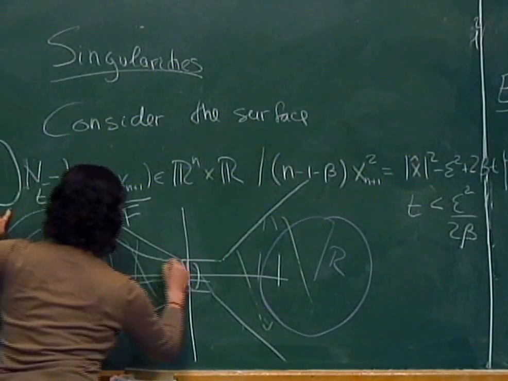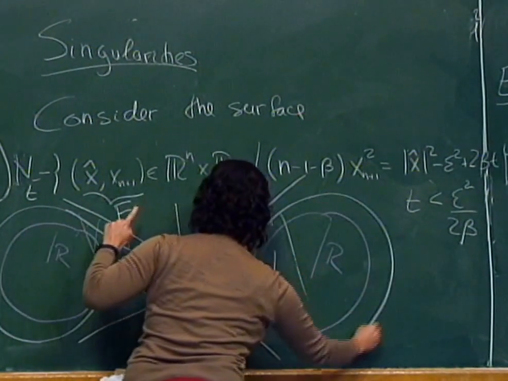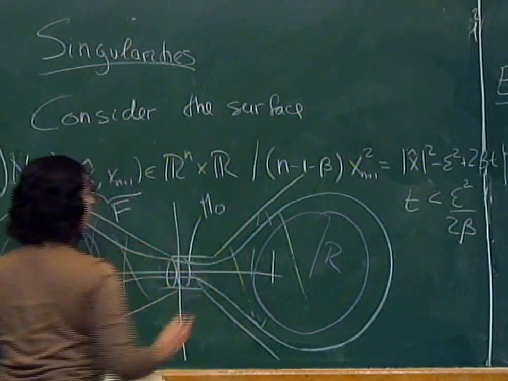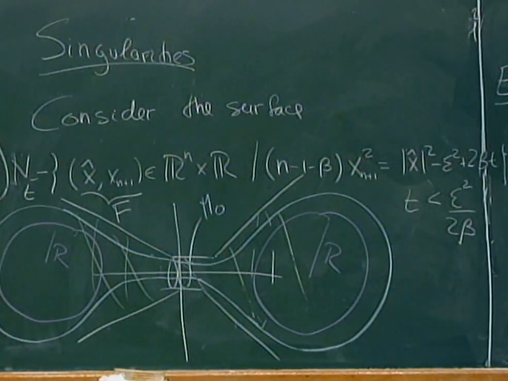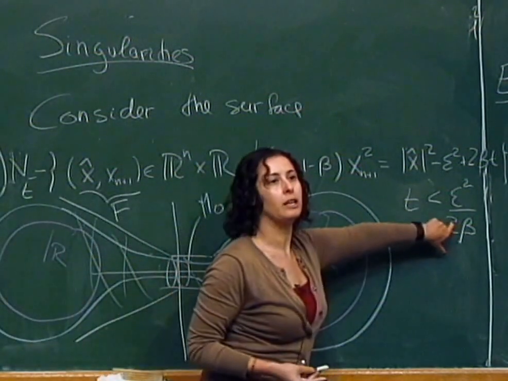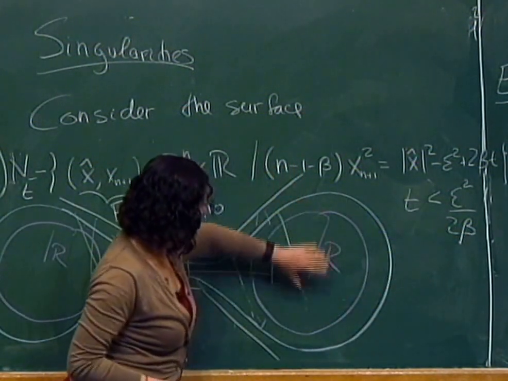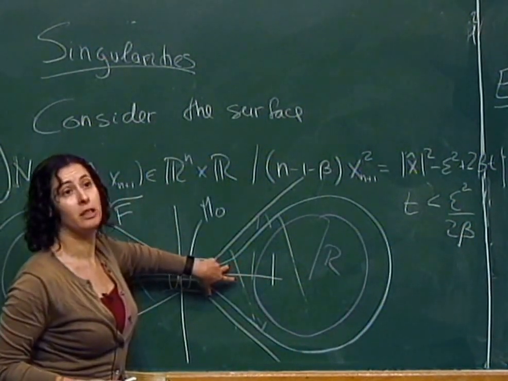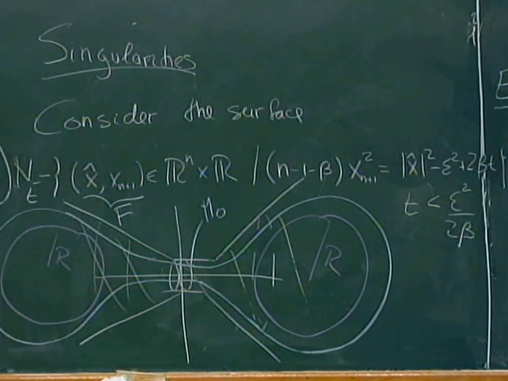So this is going to be my M0. Then this part can exist at most for this time. But if the R is big enough, this part can have disappeared before that time. So in fact, I'm going to have something that may look like this.